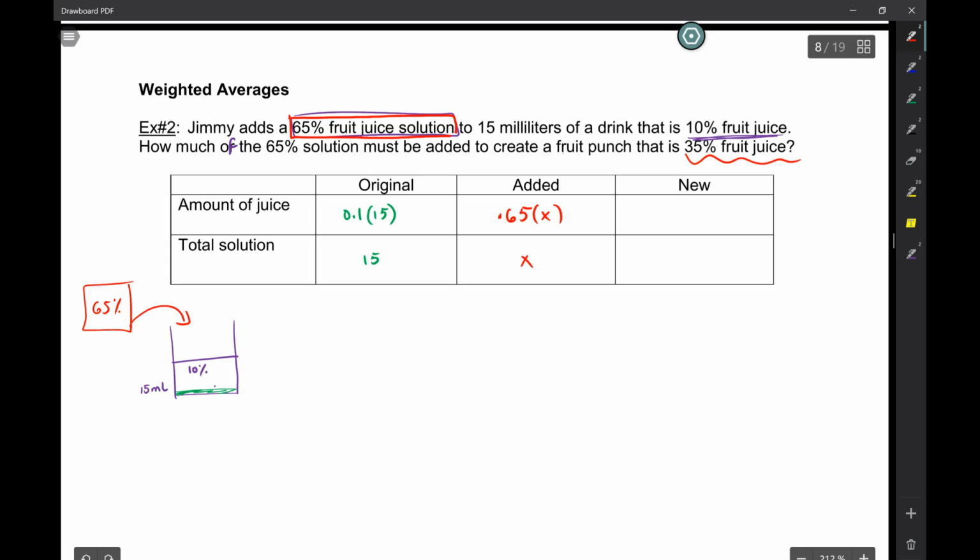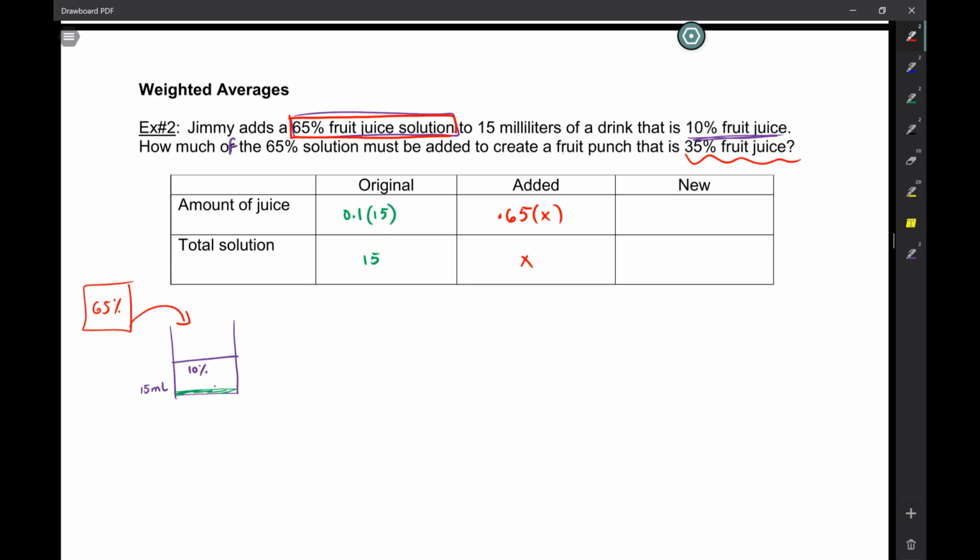X amount. Let's review that, going bottom up. In the original, he's got 15 milliliters total drink. Of that, 10% is actual juice. Now, he's adding in x milliliters more. Of that, 65% is actual juice.